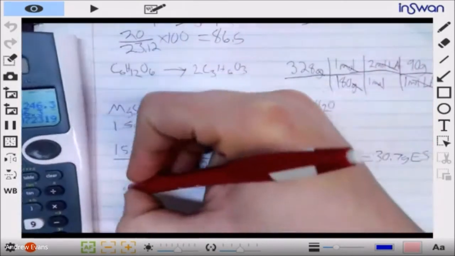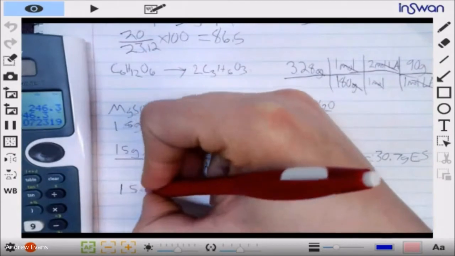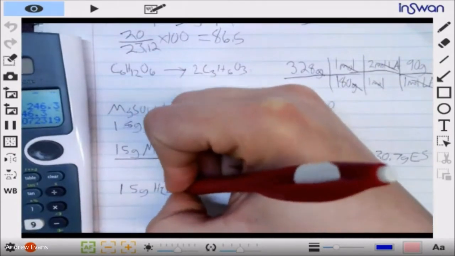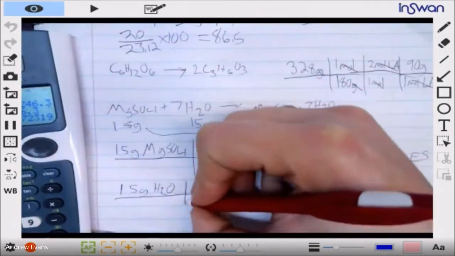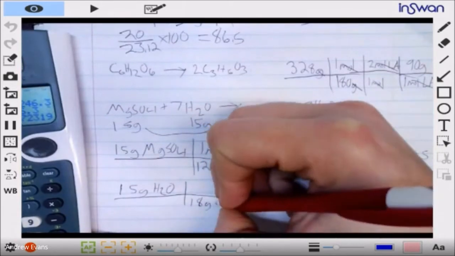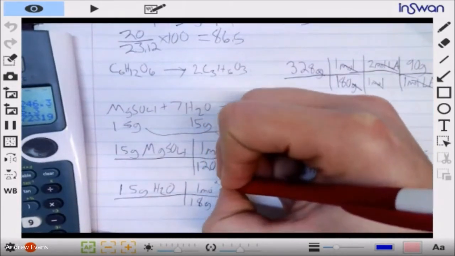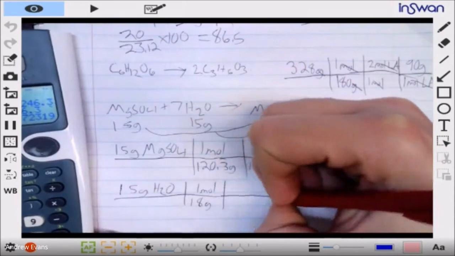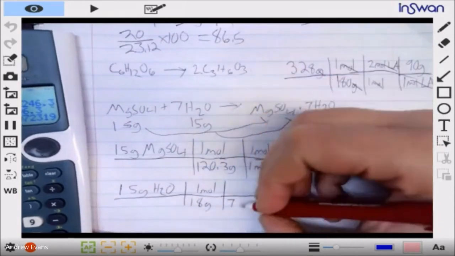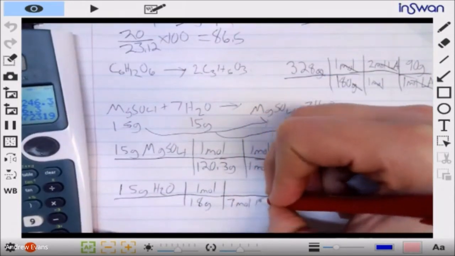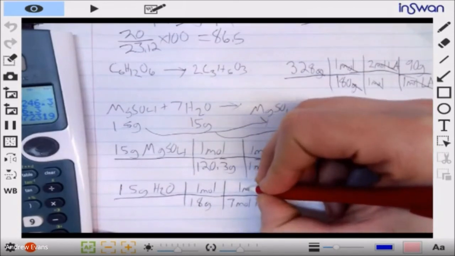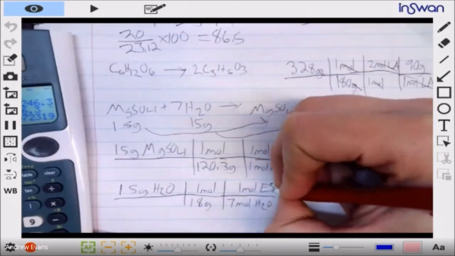Now let's look at it from water's perspective. 15 grams of water. The molar mass of water is 18 grams for 1 mole. There need to be 7 moles of water per 1 mole of Epsom salts.